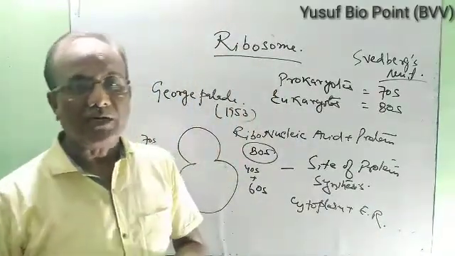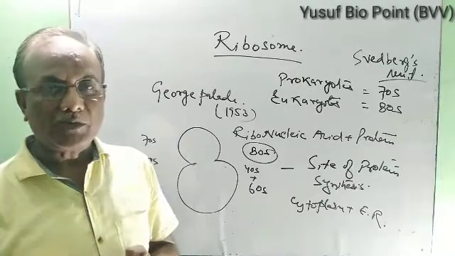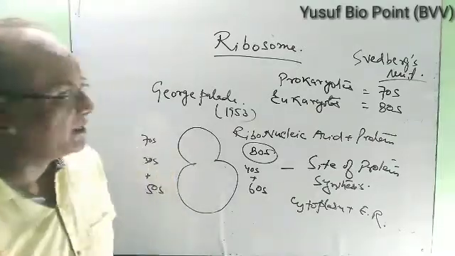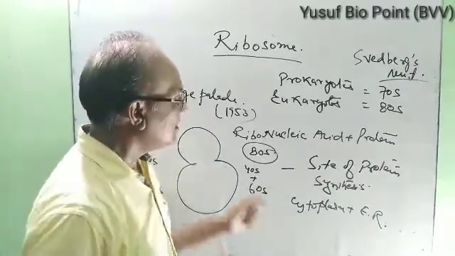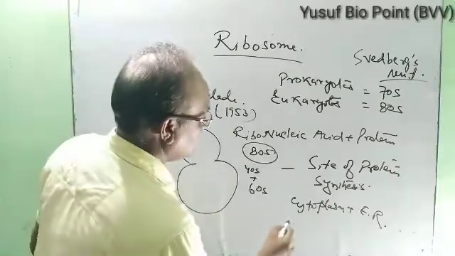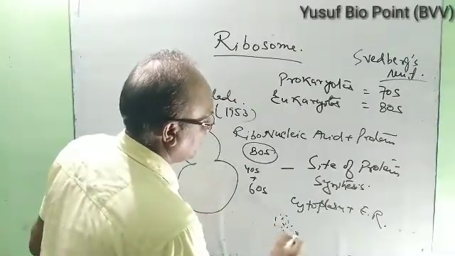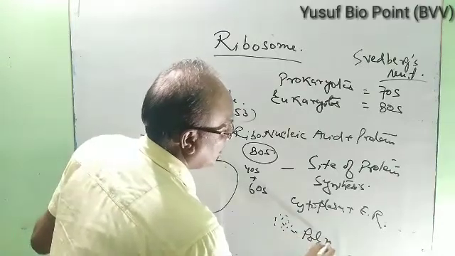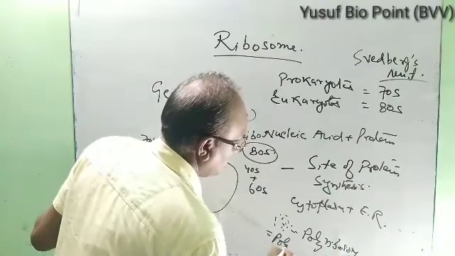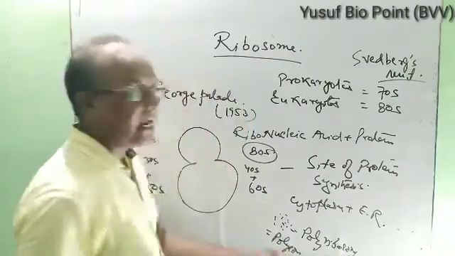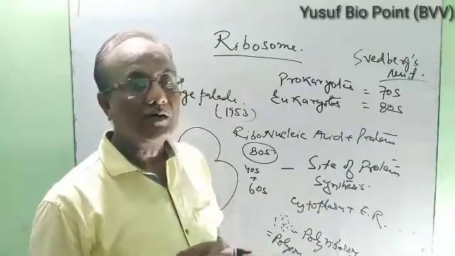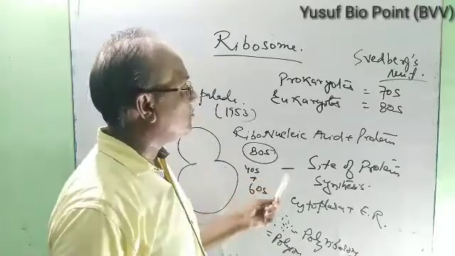When they are found on the endoplasmic reticulum, that endoplasmic reticulum is called rough endoplasmic reticulum. They are found separately and sometimes in clusters, meaning many together. When they are found in a cluster, that is called a polyribosome, or polysome. So ribosomes are either separate or in polyribosomes. This is the site of protein synthesis.